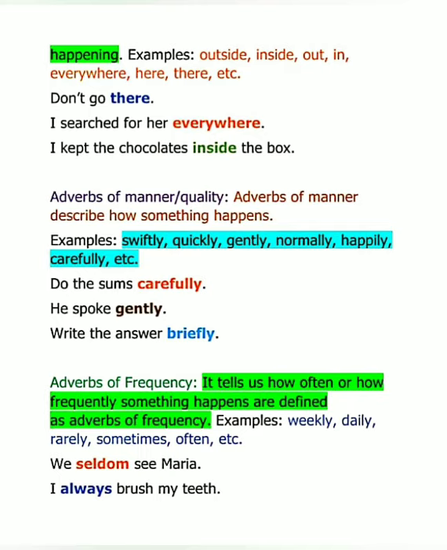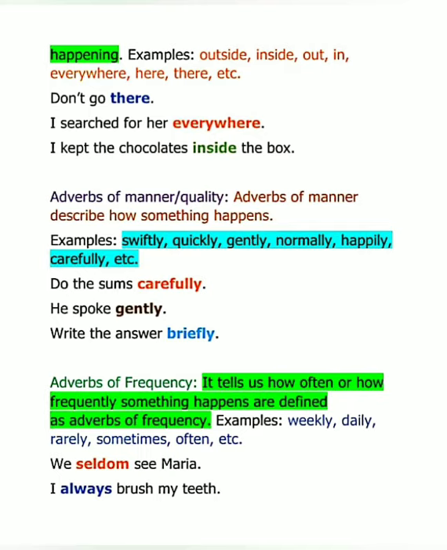So everywhere answers the question where. So everywhere here is the example of adverb of place. I kept the chocolates inside the box. So where I kept the chocolates? Inside the box. So here the word inside is an example of adverbs of place.